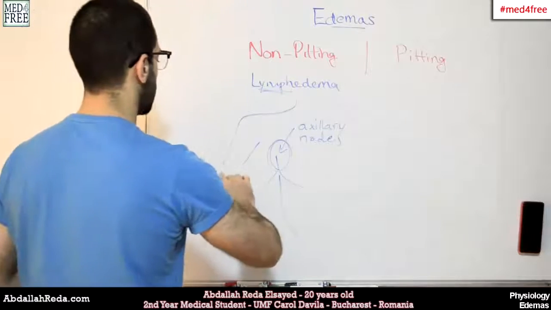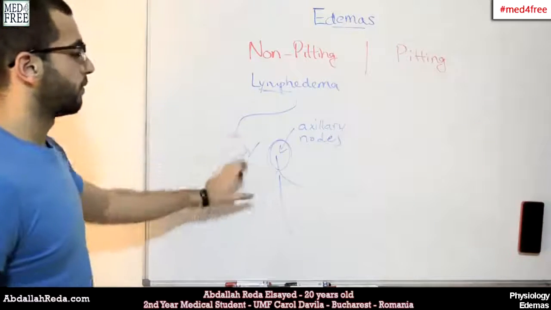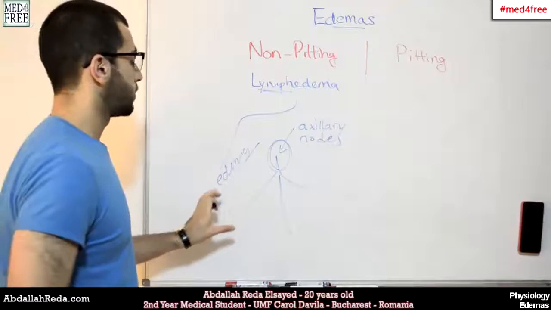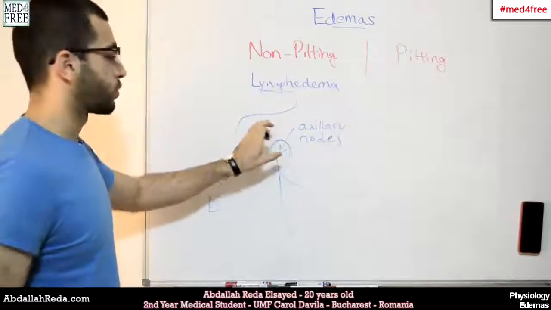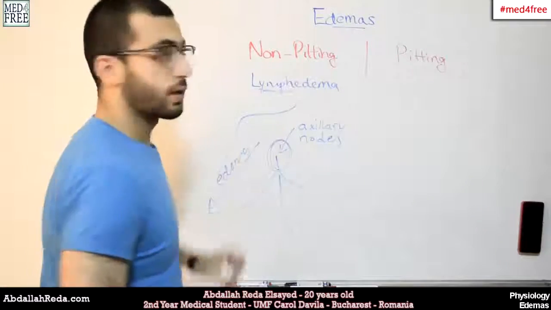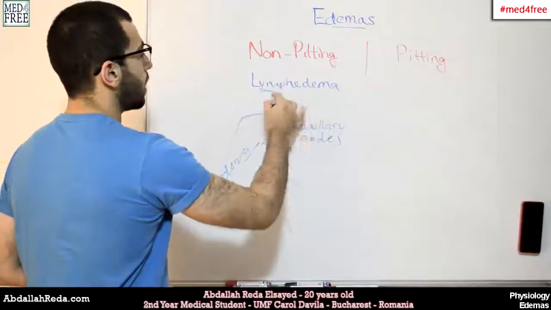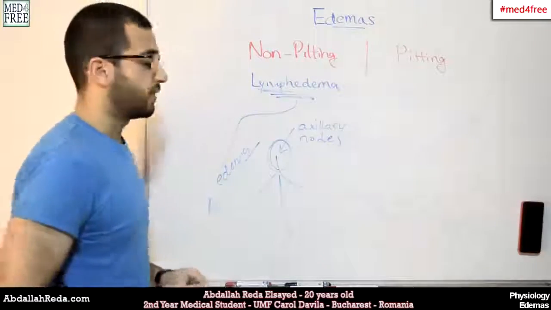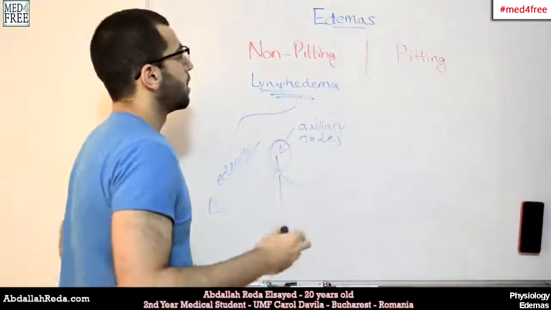This would be the place where the edema occurs, because the lymph throughout the arm is not drained properly, because the primary lymph nodes which were responsible for this job are removed through the mastectomy. So this would be called a lymphedema. This is one kind of edema.